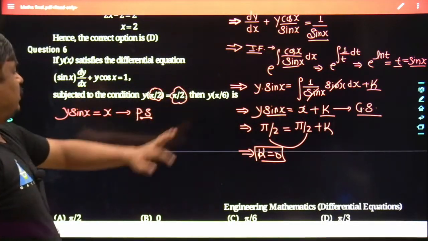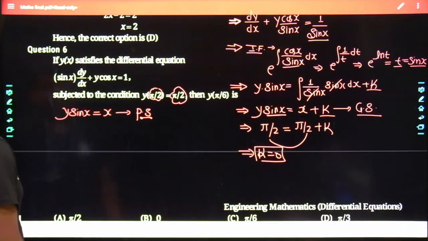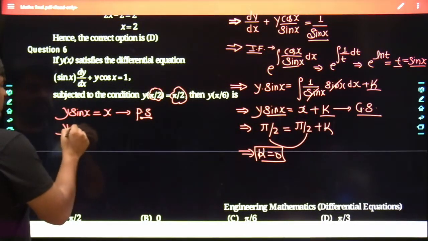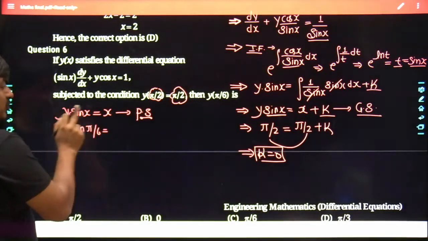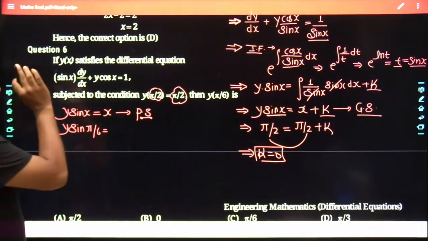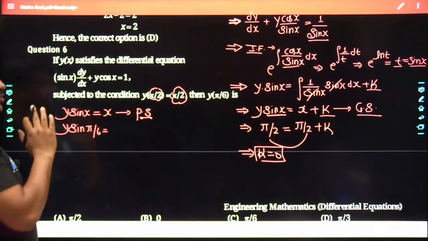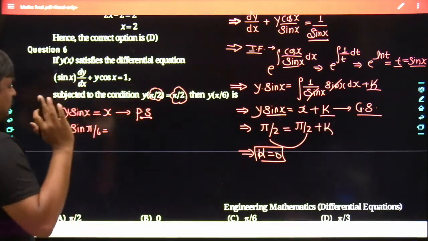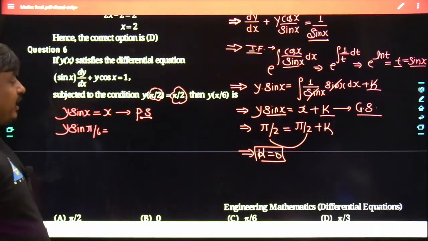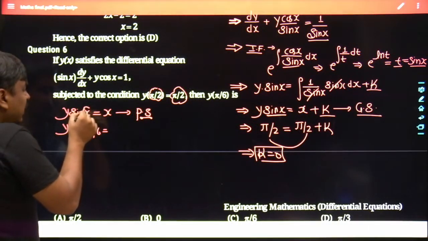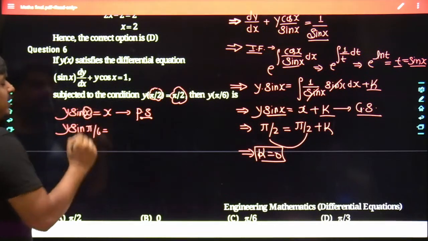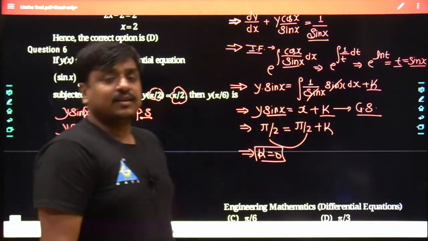So let me calculate the value of y at x equals pi by 6. Nobody should write this as 30 degrees. If you write x as 30 degrees, you are done. My dear friends, see why I cannot write x in degrees. If x is dealt with inside a trigonometric function, then it's fine to take either degrees or radians.